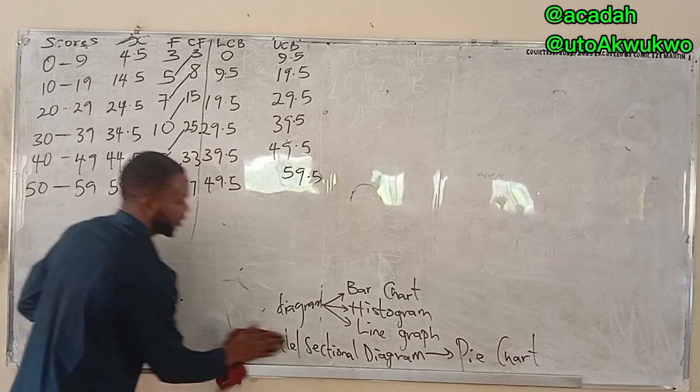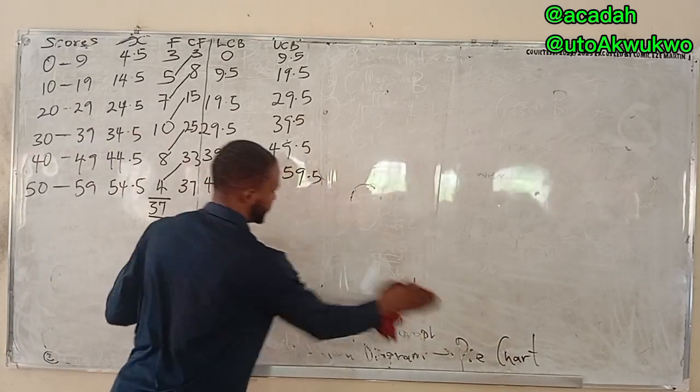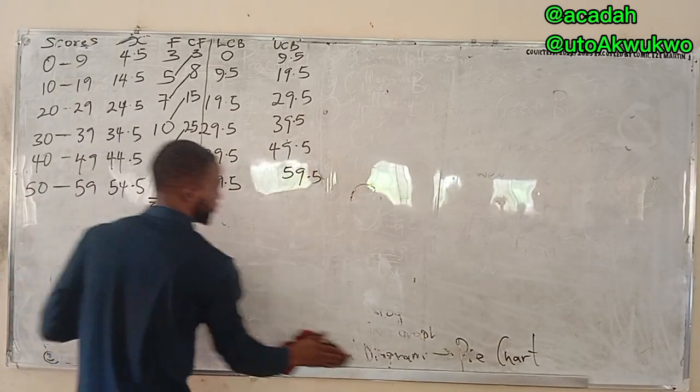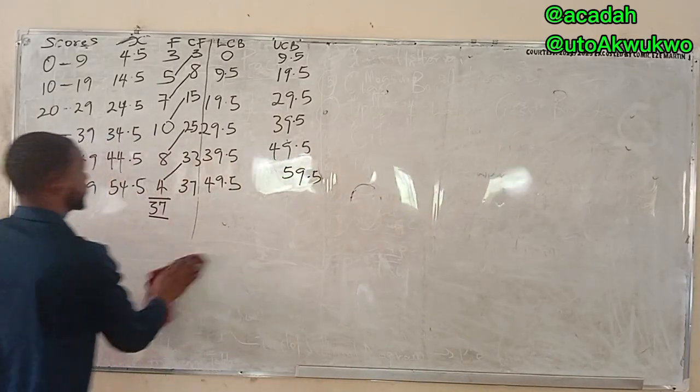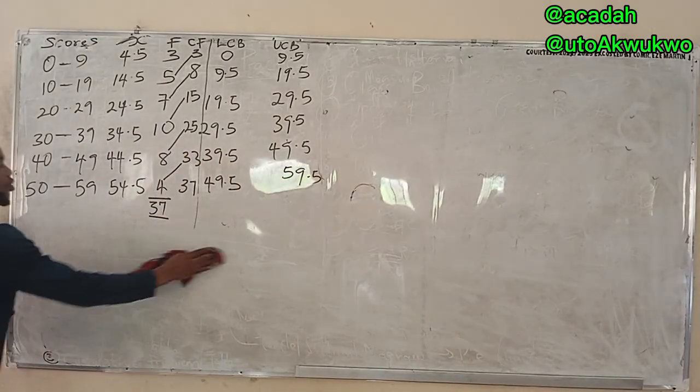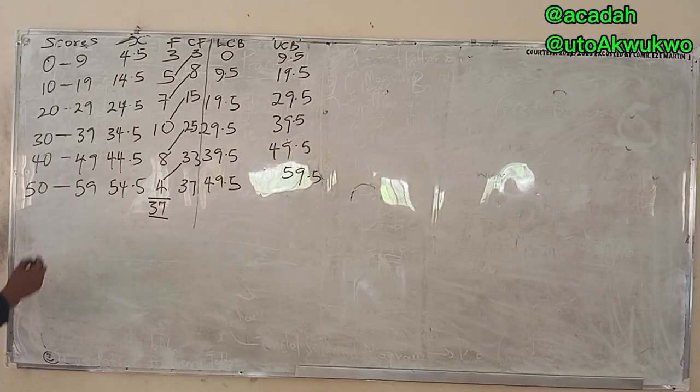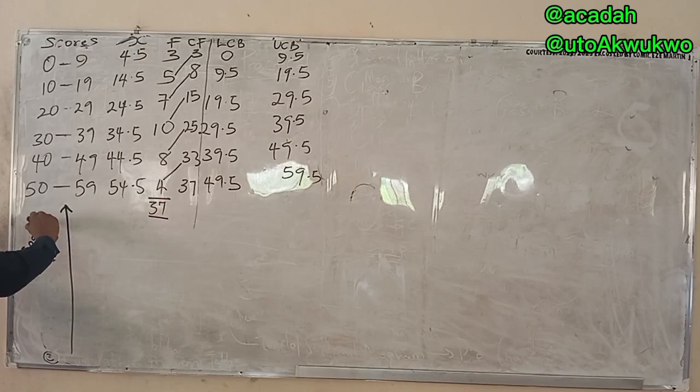So for bar charts, in order to do a bar chart, I said that the vertical axis will always be drawn using frequency.